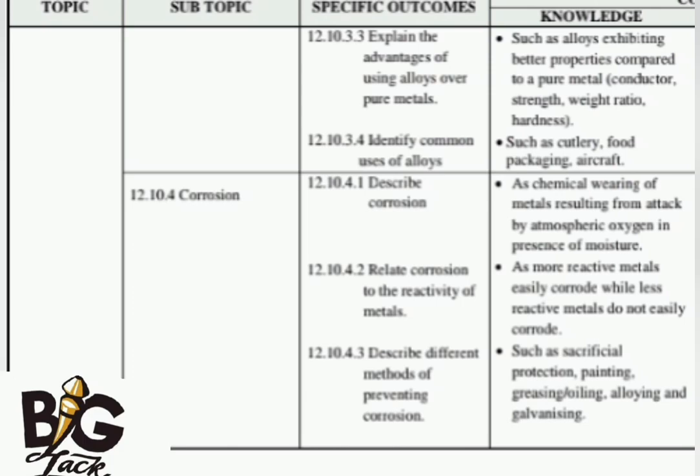Apart from that one, you also need to identify common uses of alloys, like sacrificial protection. Let me say it is used in packaging and also in aircraft. So in the manufacturing of aircraft, aeroplanes are not made of pure metals, because some pure metals are heavy.